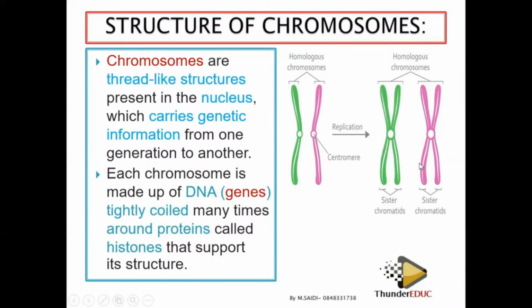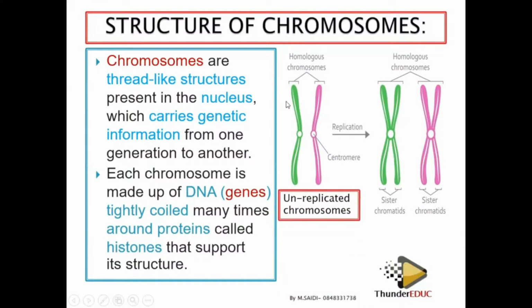Because we are talking about chromatids of homologous chromosomes, they become homologous chromatids. Each part is a chromatid.